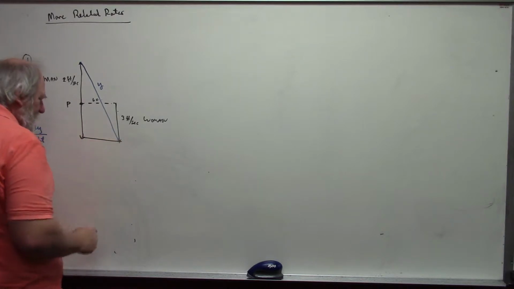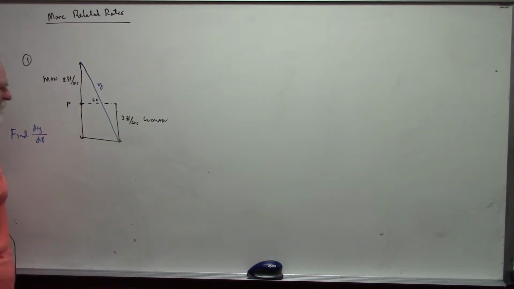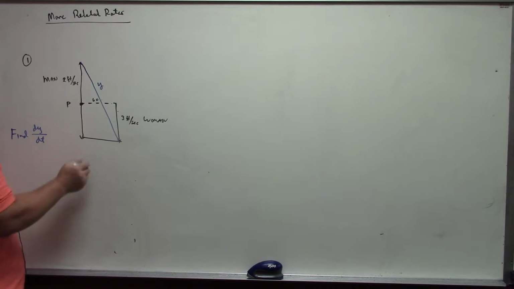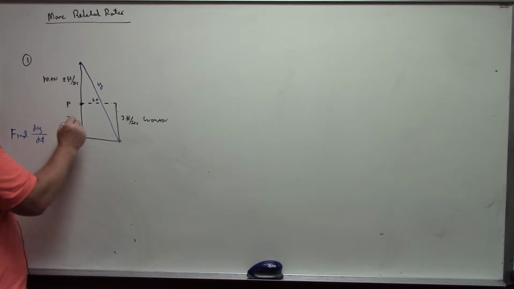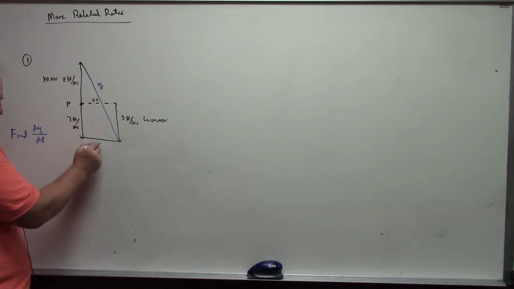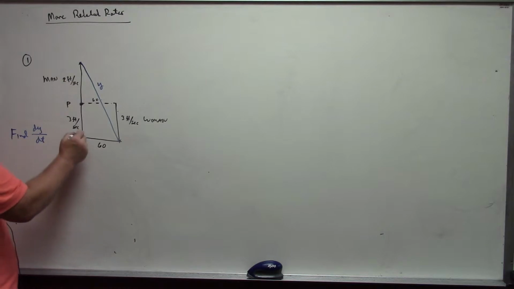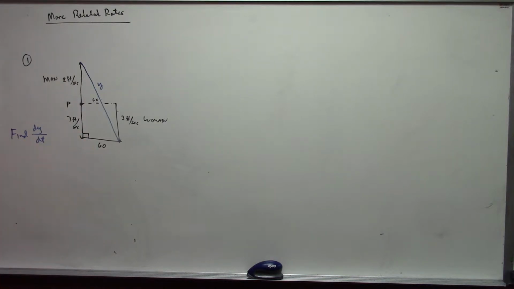shift things. If I shift this over on this side and consider the person walking here, they're still walking at 3 feet per second. This distance is still 60. But now by doing this, I've created a large right triangle.